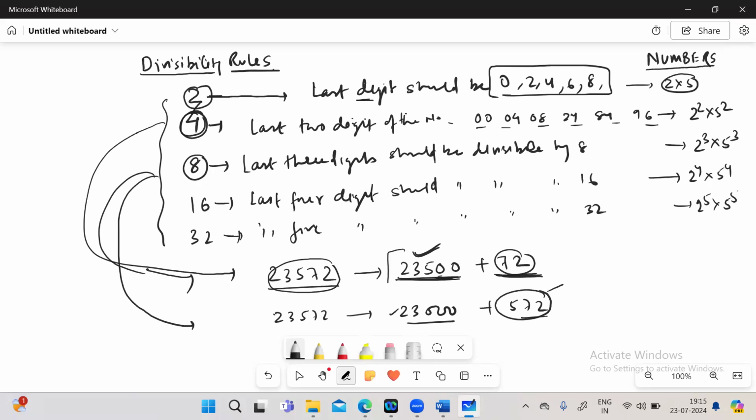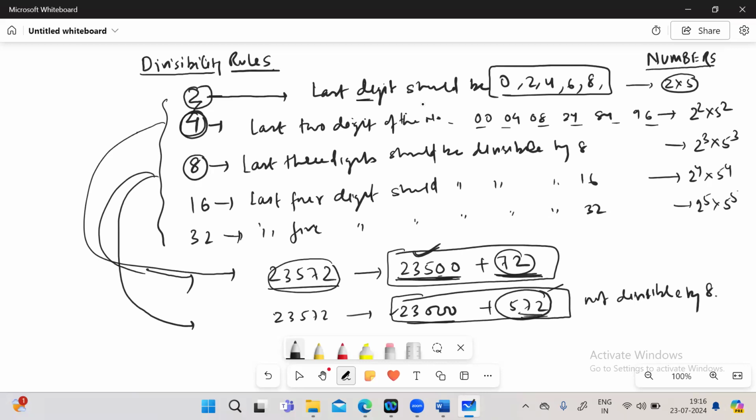So here we see that this number is divisible by 4, but it is not divisible by 8, because the first part is divisible by 8, but the last three digits are not.